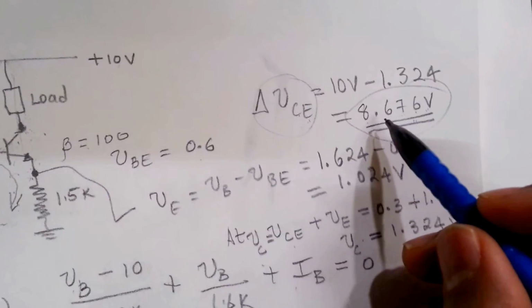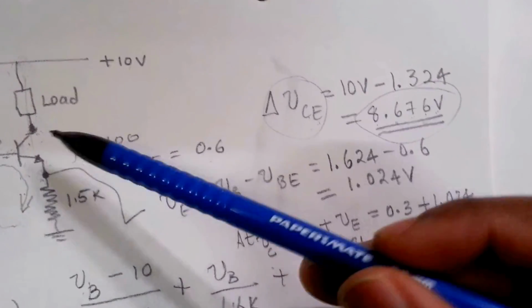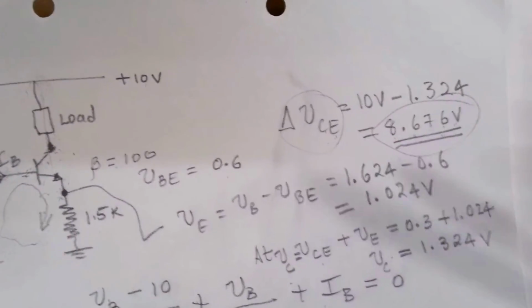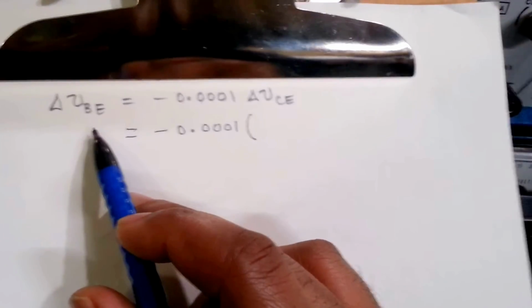That change in compliance voltage manifests itself as the Early effect, and we're given this relationship with delta VBE.